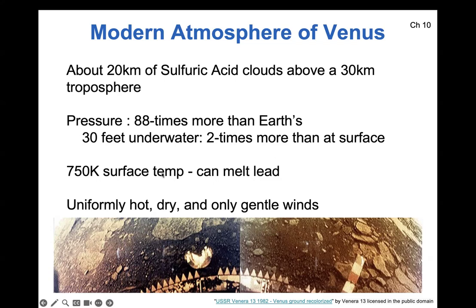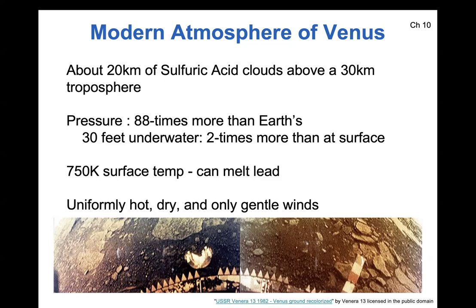Okay, surface temperature. It's the hottest planet in the solar system. It has the hottest surface. Because we don't talk about the gas giants having surfaces, rule them out. But of the terrestrial planets, it has the hottest surface temperature by far, way hotter than Mercury, even though it's not nearly as close to the sun.